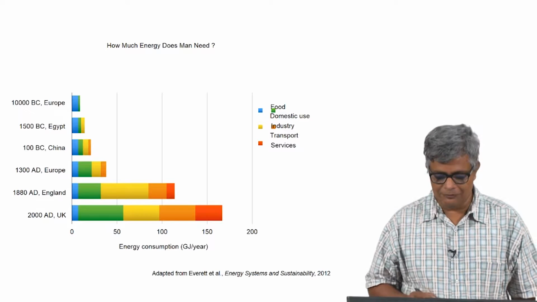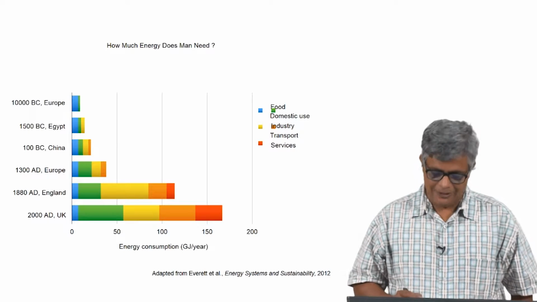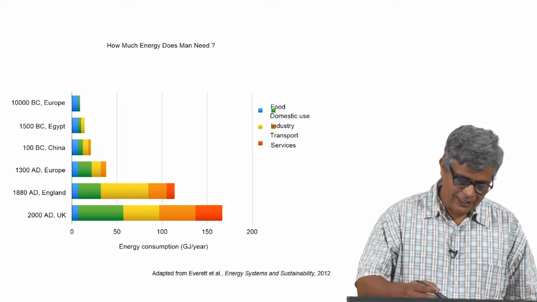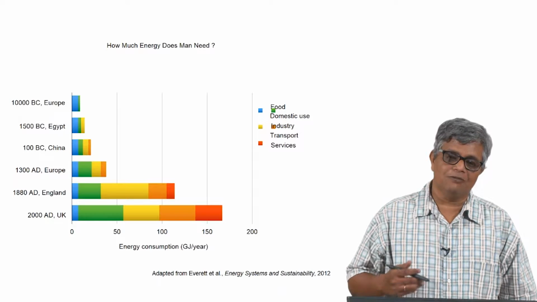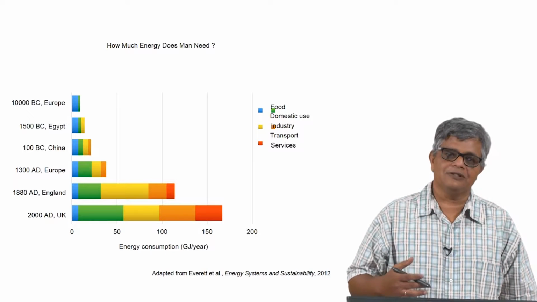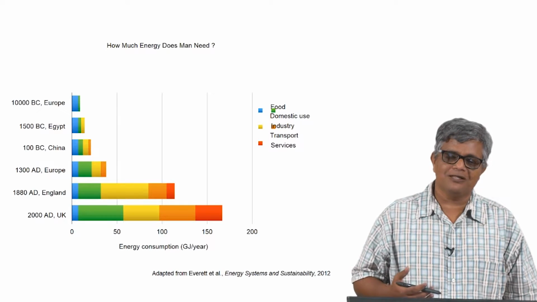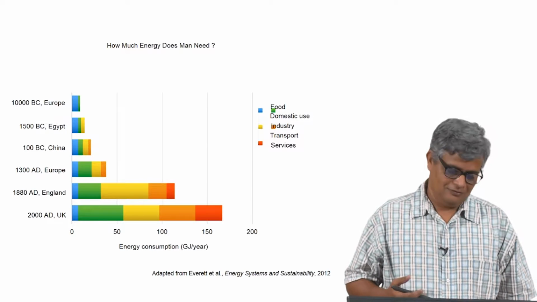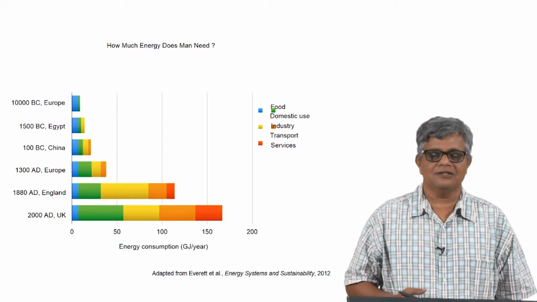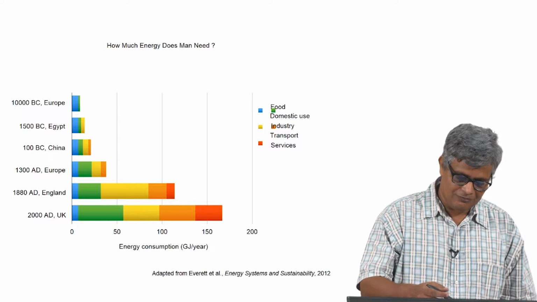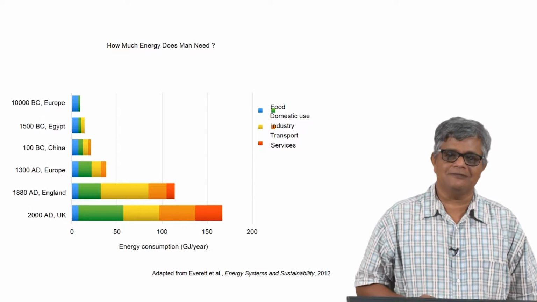So, that is per annum so many 10 to the power 9 joules is what is needed, and that blue color is what man needs in terms of calories so as to sustain his daily life and all that. And since man has not evolved that much over the past 12,000 years, that part remains the same all the way from 10,000 BC to 2000 AD.